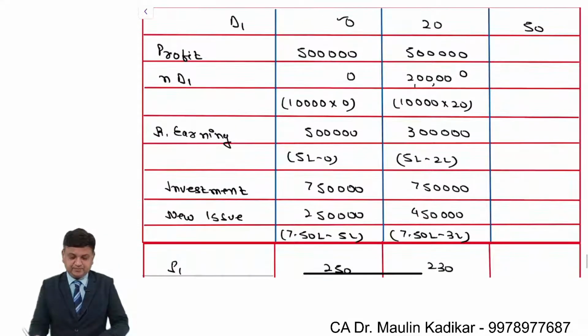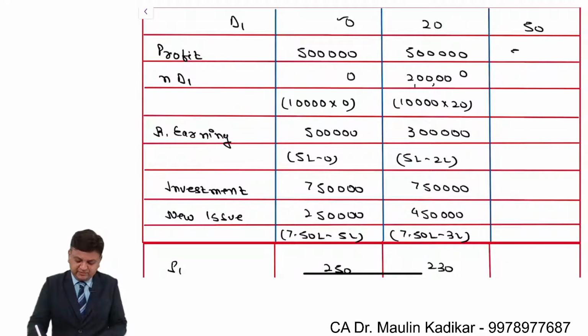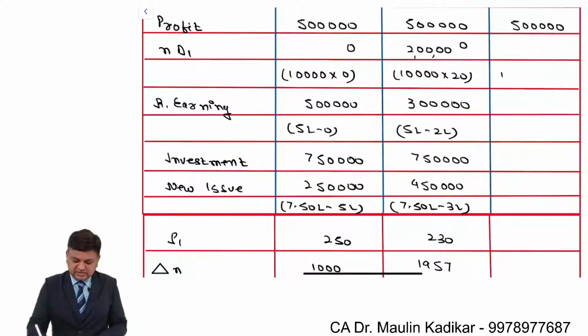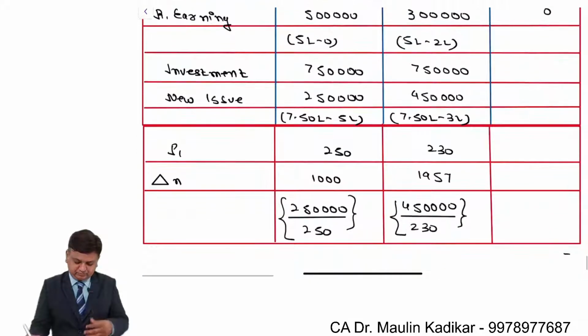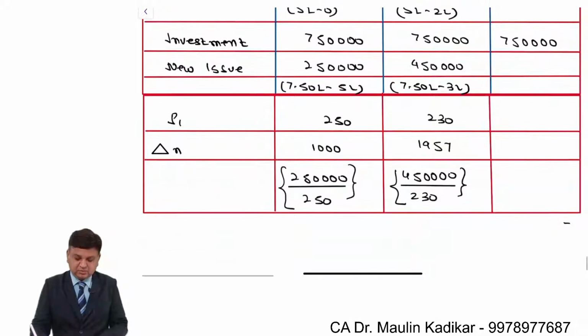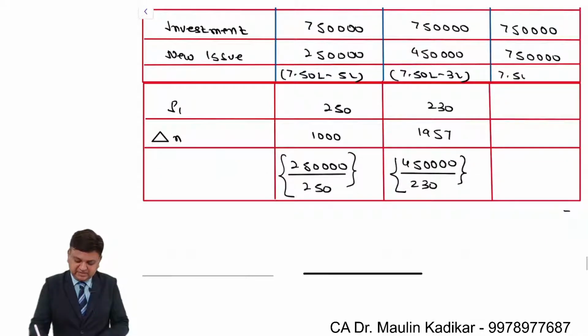In the last case, 50 rupees. Again the profit is 5 lakhs. D1 is 10,000 into 50, so it is 5 lakhs. 5 minus 5 is 0. Investment is 7,50,000. New issue is again 7,50,000 minus 0.